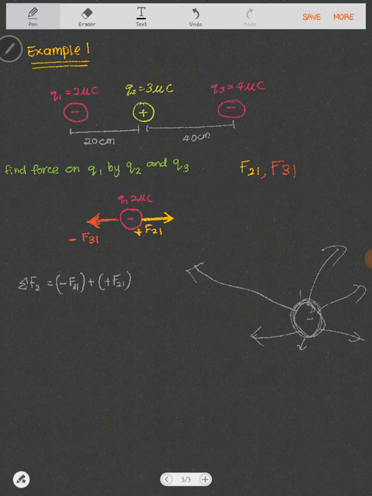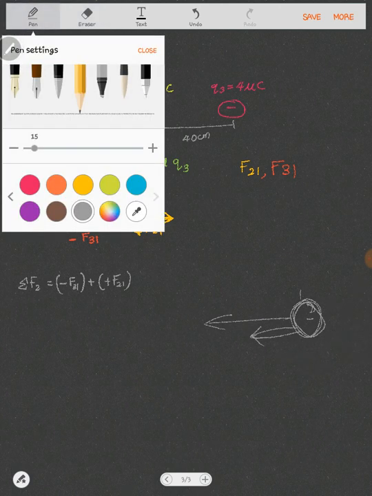So kita tambahkan semua penarikan, penolakan ni. Semuanya dalam x-axis je kita buat, sebab y-axis nanti kita akan belajar, supaya kita tak confuse.